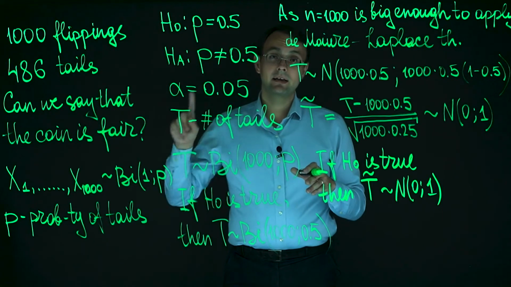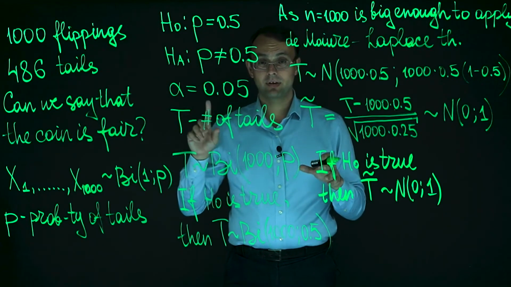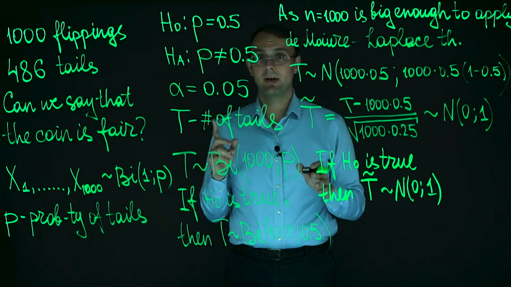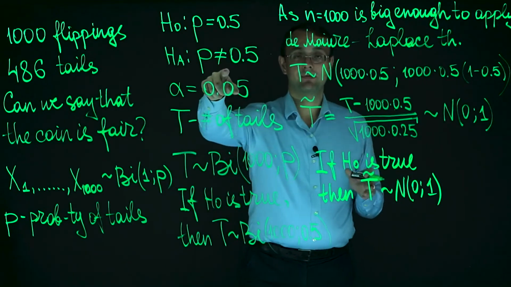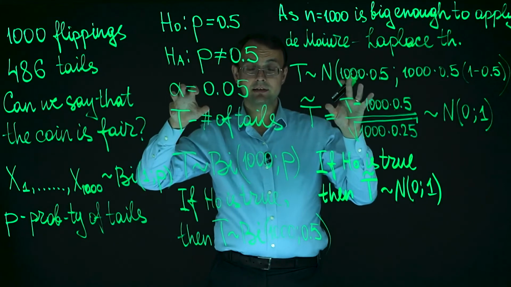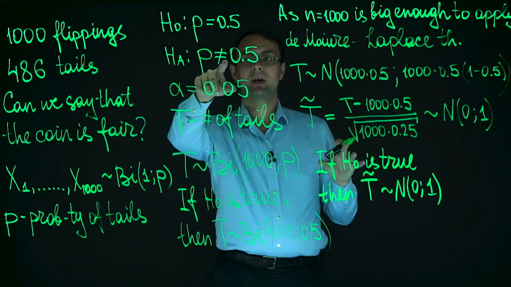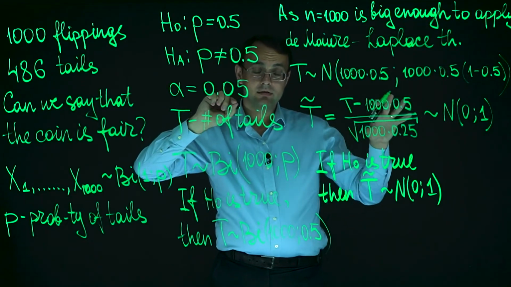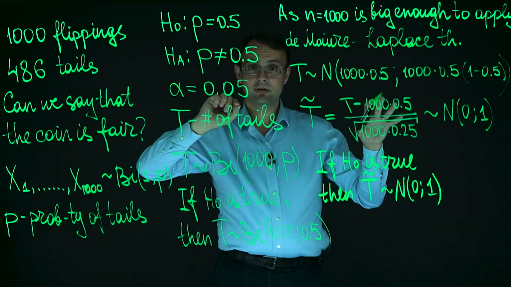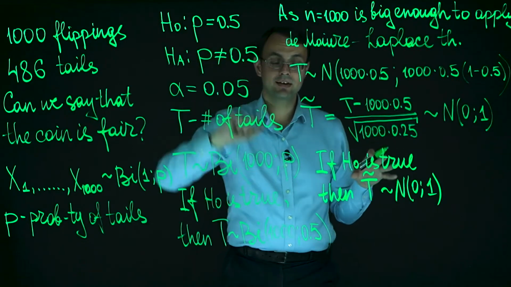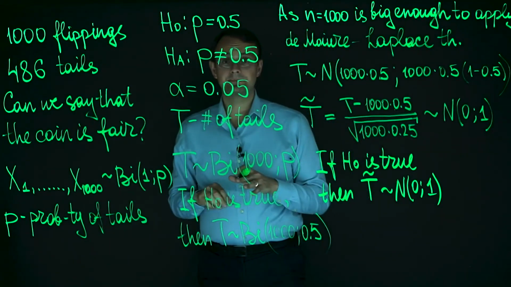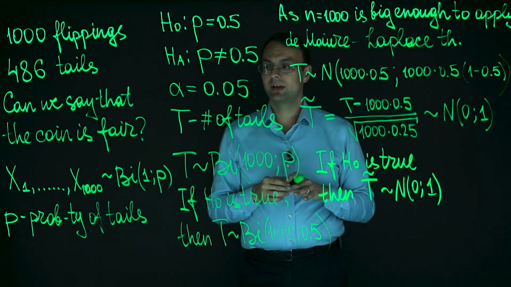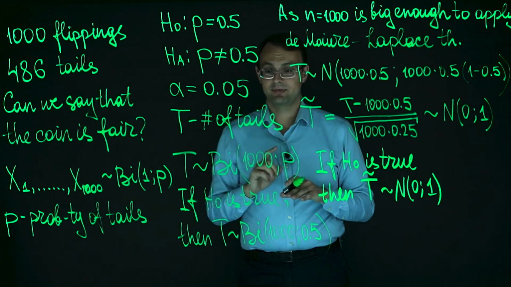So the tail of the critical region depends on the alternative hypothesis. If we have not equal, we have a two-tailed critical region. If we have a greater sign here, we have a right-tailed critical region. If we have a less sign here, we have a left-tailed critical region.